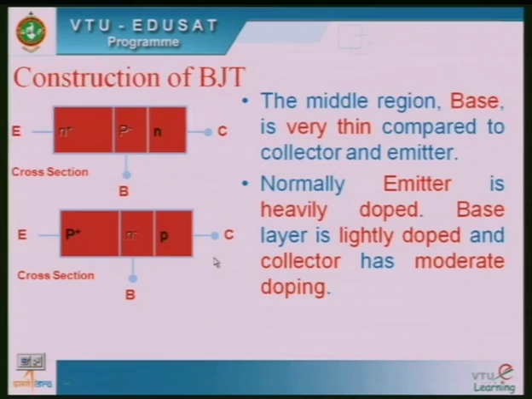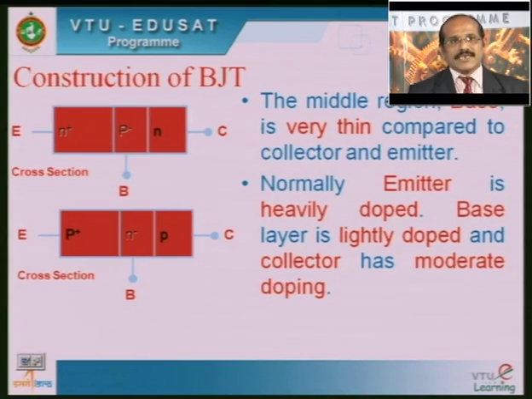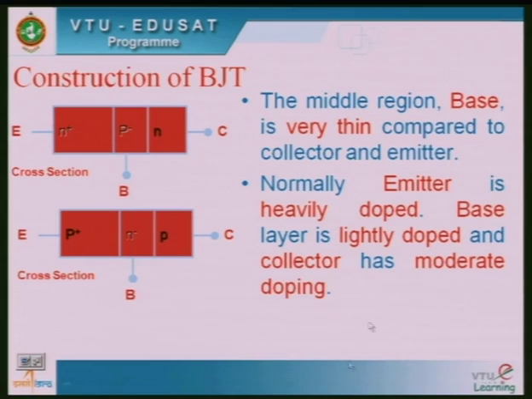And also let us see the construction of the bipolar junction transistor. Friends, the bipolar junction transistor consists of three layers. One is the emitter layer, that is what you can see here. As I told you, the bipolar junction transistor can be of two types, NPN or PNP type.